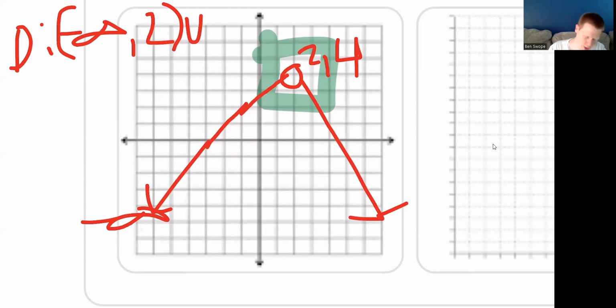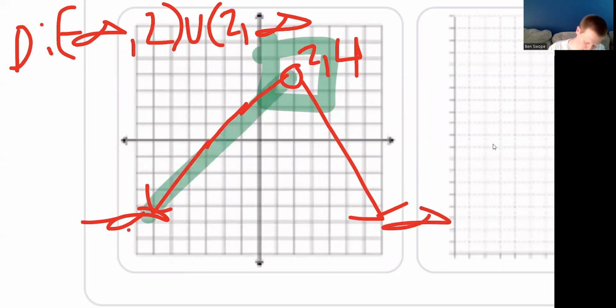So we'll do a union, that U just means we have another interval to look at. And then it picks up from 2 and goes to positive infinity. Since there's a gap, we have to stop our interval and then pick up where it left off.